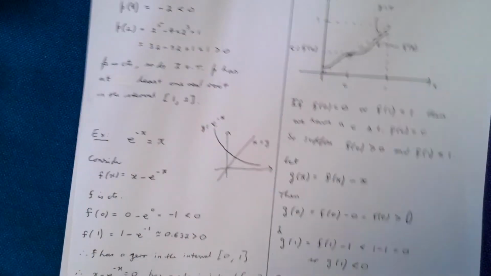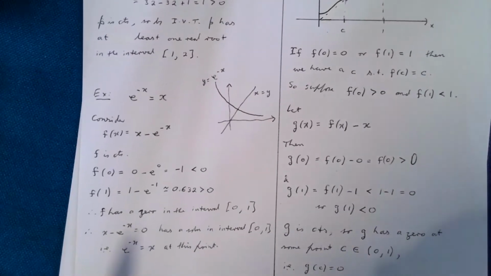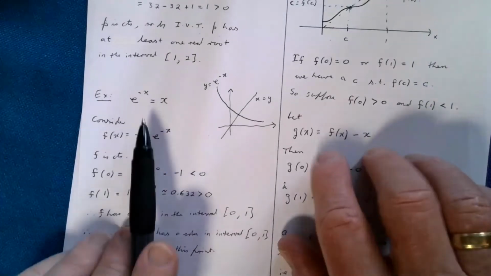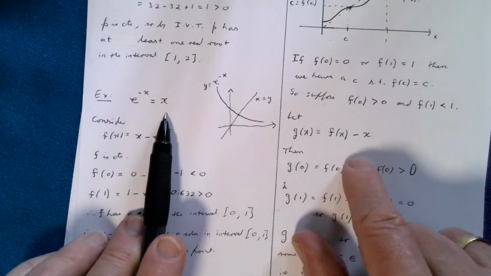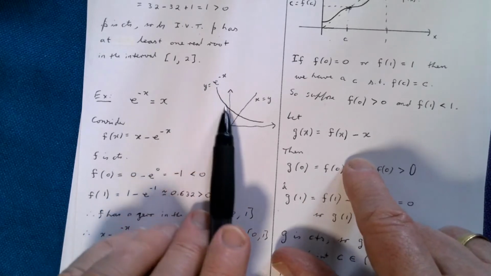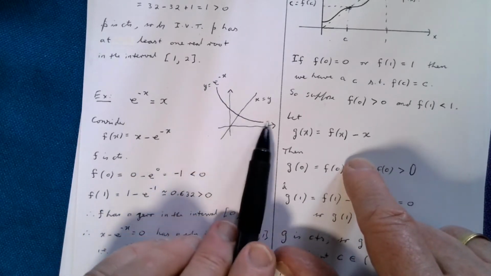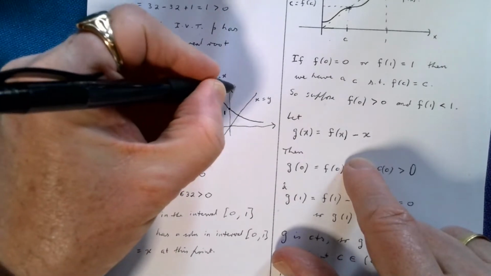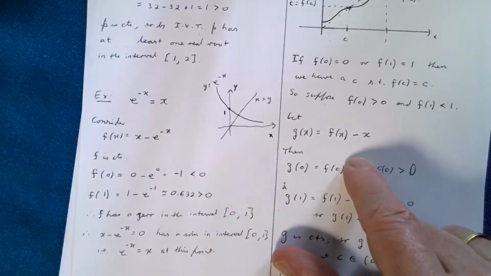So here's the worked solution to this example, and there are several more in the tutorial problems we'll have a look at later. Just to have a look at it graphically first, to convince you that it does in fact have a solution: if we draw the graph of y equals e to the minus x, it looks like this. Of course it cuts the y-axis here at 1.